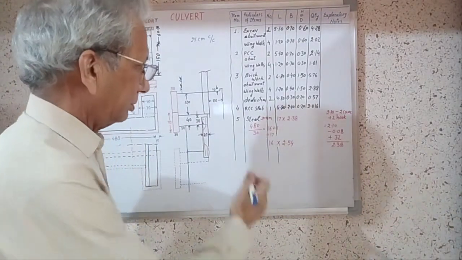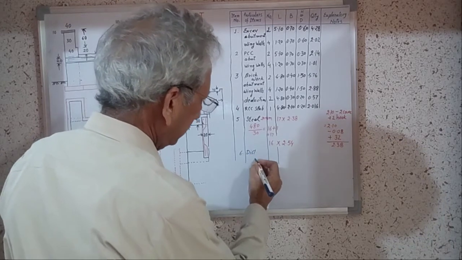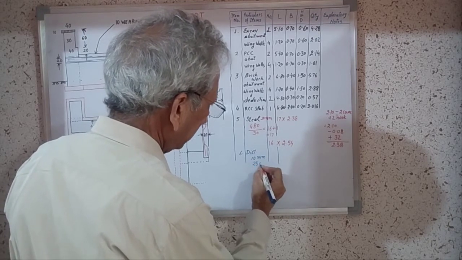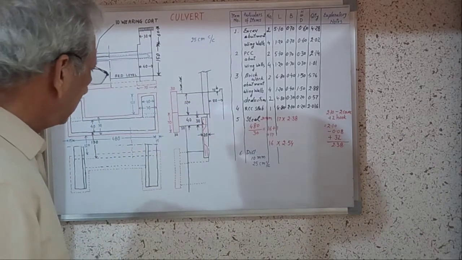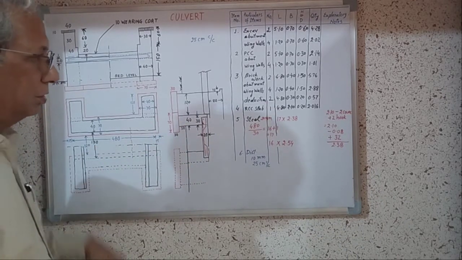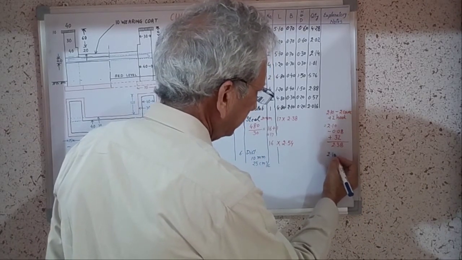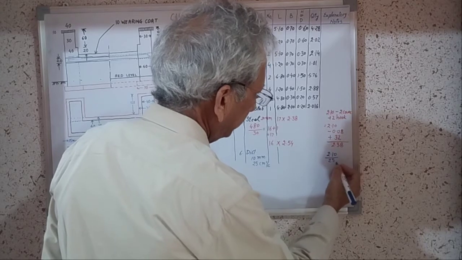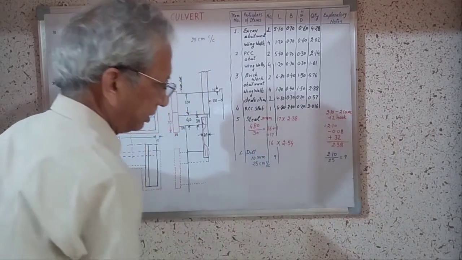Now distribution steel. This is 10 mm. Spacing is 25 centimeter, center to center. Now we have span, this 150 plus 60, 210. 210 is the span in which distribution steel will be provided at a distance of 25 centimeter. Therefore, divided by 25, it will be 9 number. Now 9 number of bars will be provided.